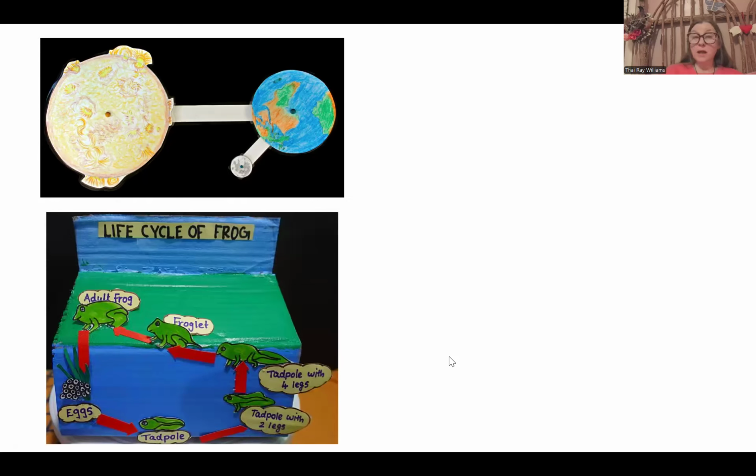If you were talking about the life cycle of frogs, here's another model you could create with your students. And it might be that you have watched a video on the life cycle of frogs, and then you have talked to the students because we're using UDL, remember? Then we also have a picture that shows the life cycle of a frog.